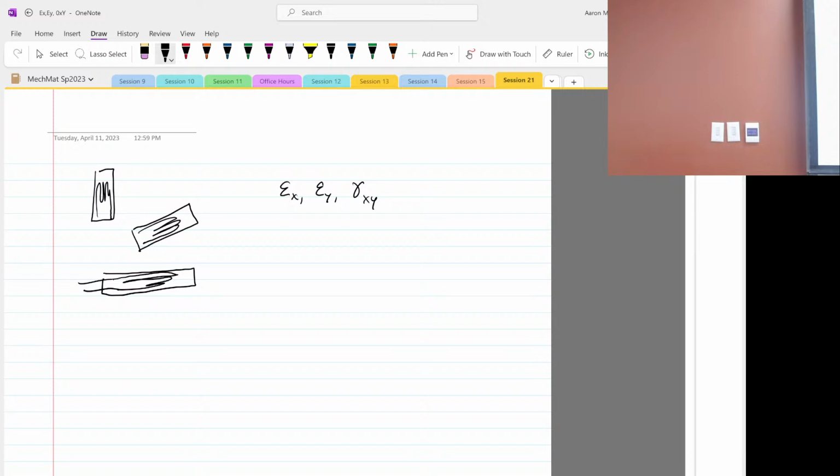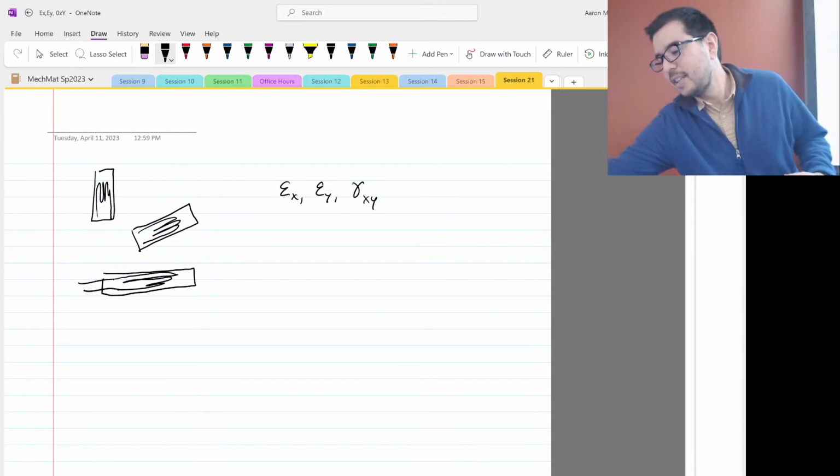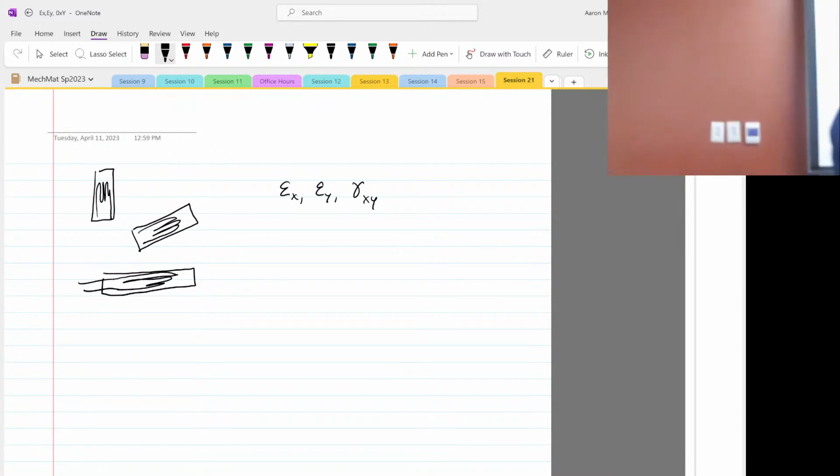No, this is important, right? Let me just pull up my notes. Since there's no in-plane shear strain for the XY, the XZ plane, here we're talking about plane strain, 20, 15, and then gamma.